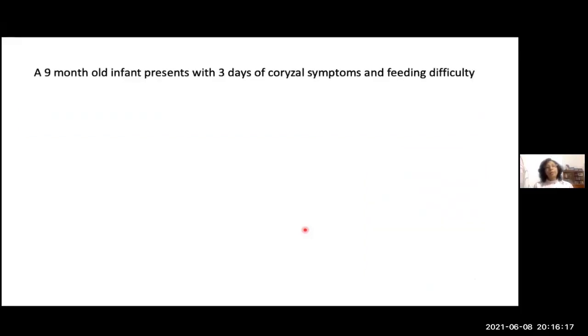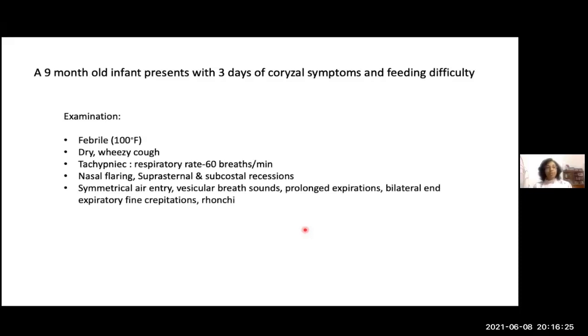A 9-month-old infant presents with 3 days of coryzal symptoms and feeding difficulties. And on examination, you find that the baby is febrile with 100 degrees Fahrenheit, mild to moderate fever, has a dry, wheezy cough, tachypneic with a respiratory rate of 60 breaths per minute, has nasal flaring, and also has suprasternal and subcostal recessions.